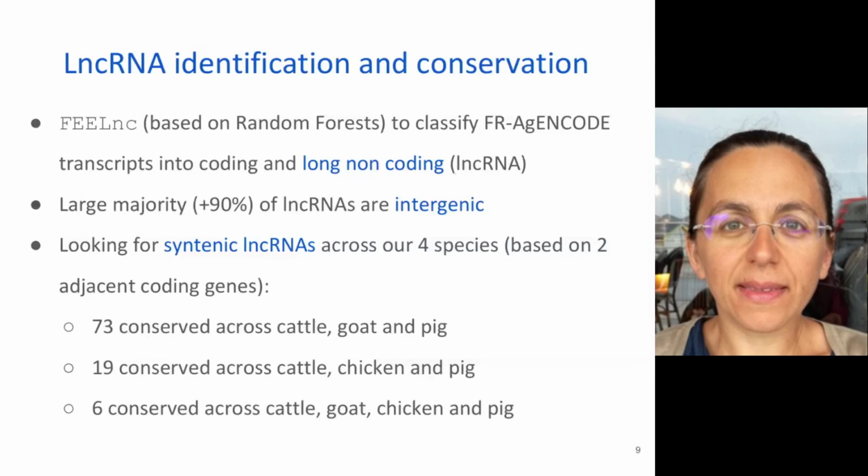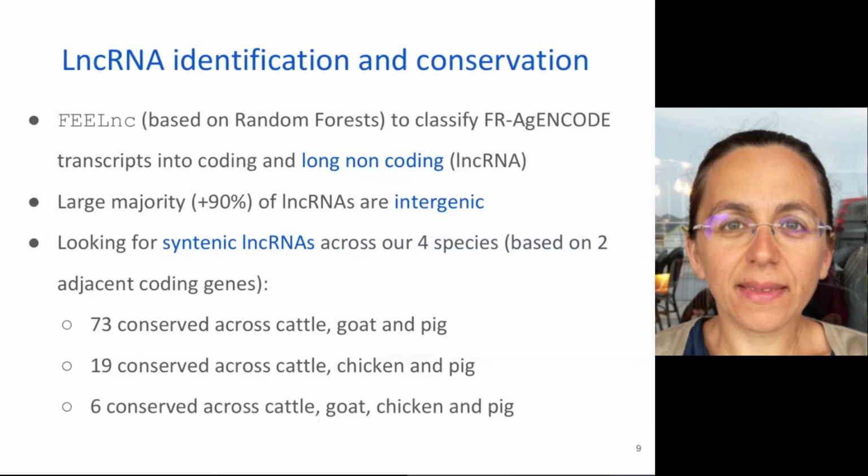Then we can look for conservation. As we know, the long non-coding RNAs are not very conserved in terms of sequence, so we have to do something different to identify their conservation. What we did here is look at synteny-conserved long non-coding RNAs. That means we look in different species: if we have a long non-coding RNA between the same 2 coding genes in different species, then we call this a syntenic long non-coding RNA.